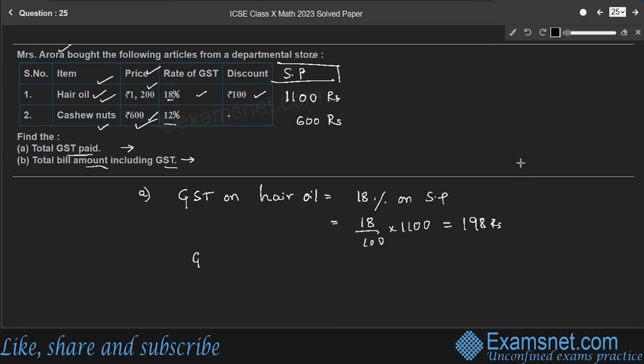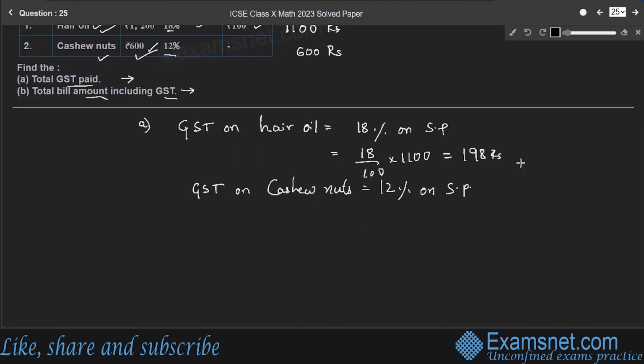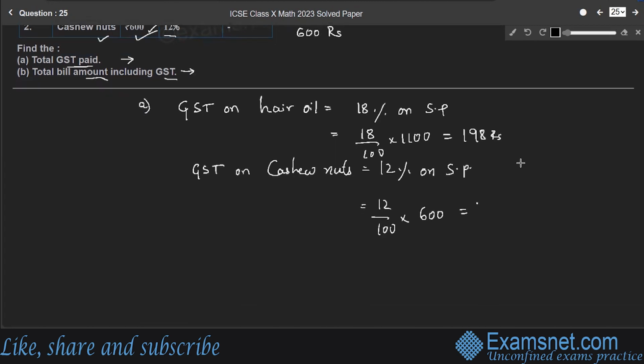Whereas GST on cashew nuts is 12% of the selling price. So 12 by 100 into 600 rupees. The selling price is 600, so it is 72 rupees.